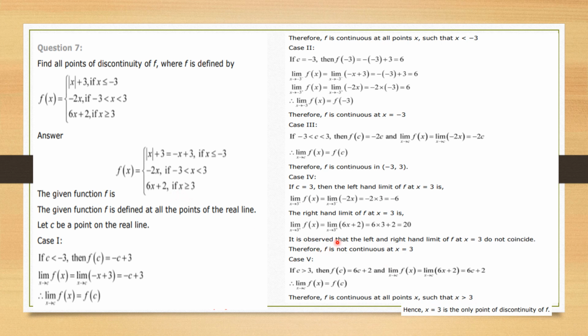So we find that for x less than -3, for x equal to -3, and for x greater than 3, the function is continuous, but the function is discontinuous only at this value 3. So 3 is the only point of discontinuity.